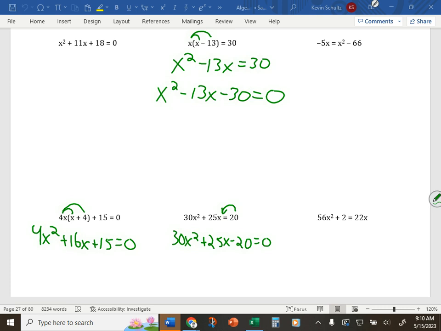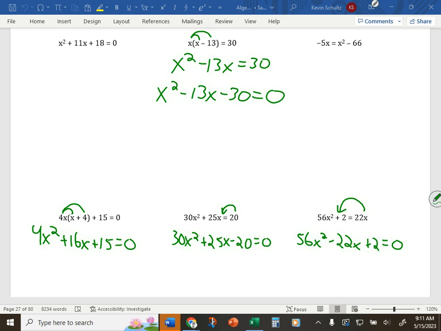The last one, we have to move that 22x over, but where does it go? It goes right after the 56. Right. In standard form, it goes between our x squared term and our constant. Again, using opposite operations, 56x squared minus 22x plus 2 equals 0.